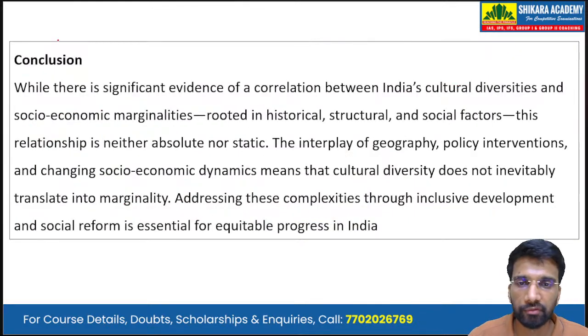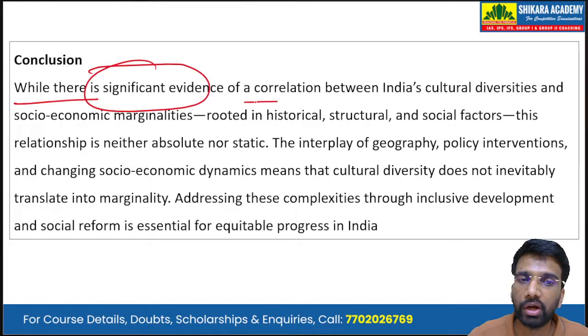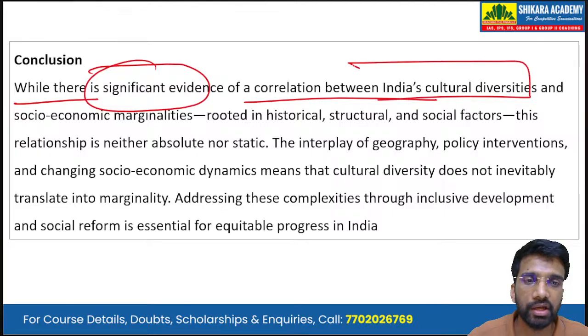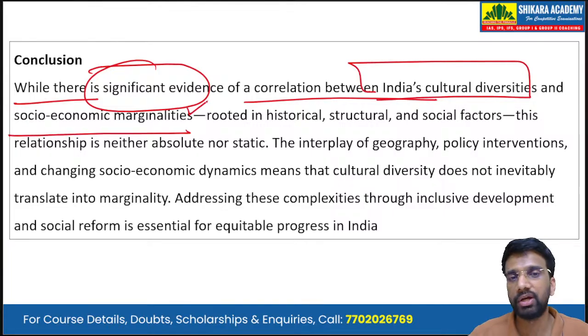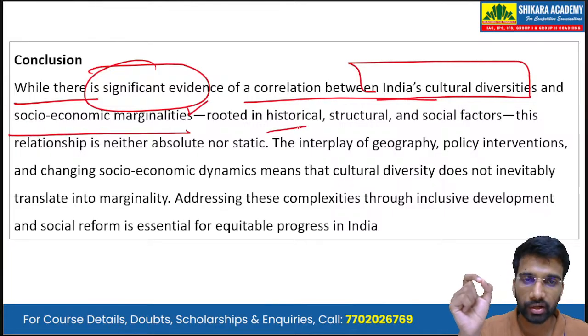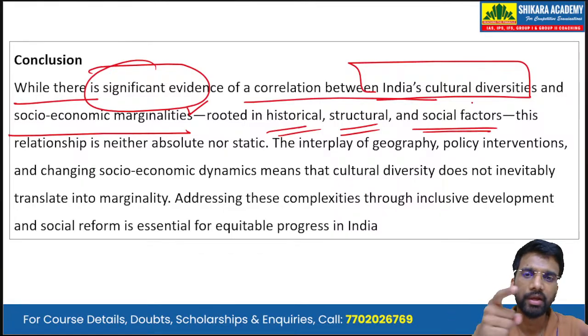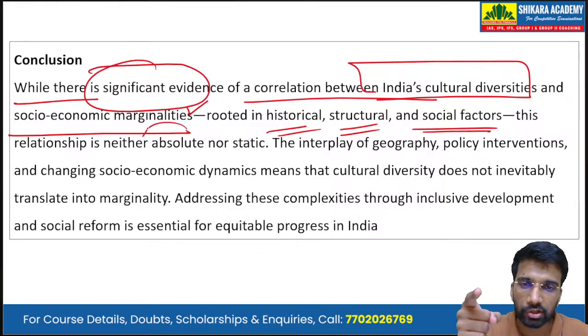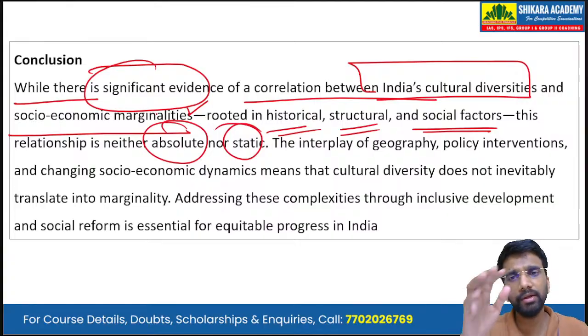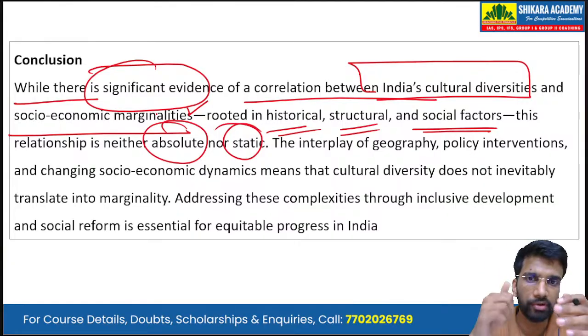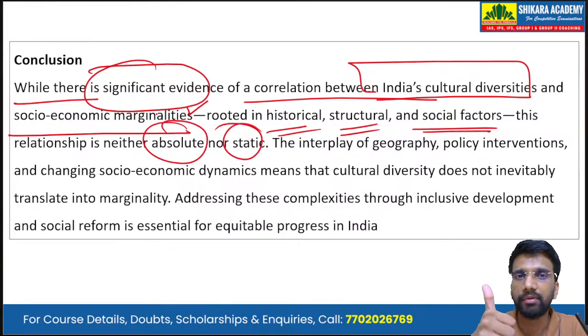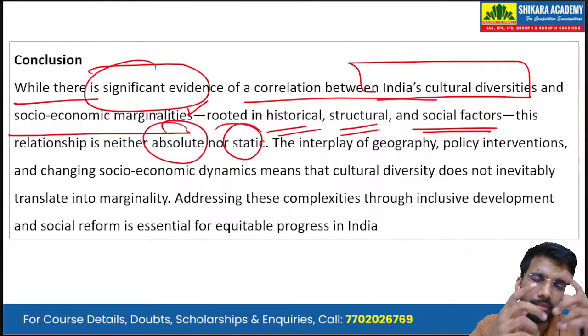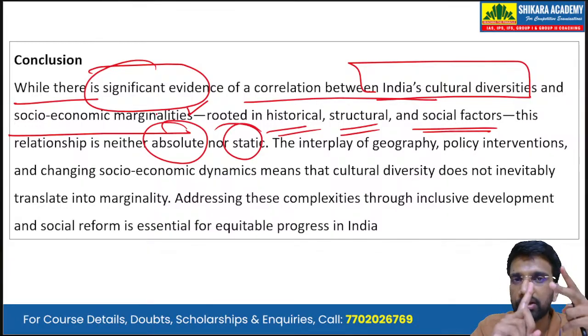Then, in conclusion, we will be summarizing the answer: while there is significant evidence of correlation between India's cultural diversity and socioeconomic marginalities, which is rooted in historical, structural, and social factors, this relationship is neither absolute nor static. The correlation between marginality and diversity is not absolute, it is not static.